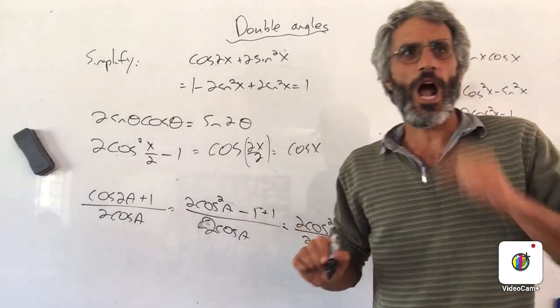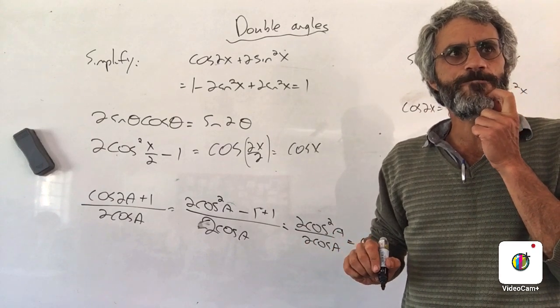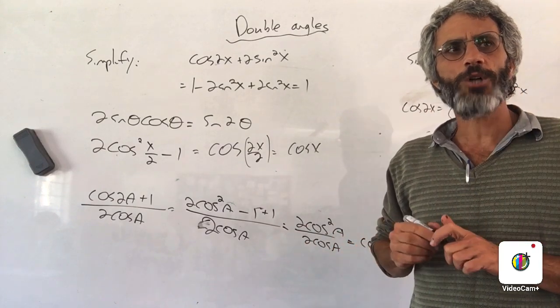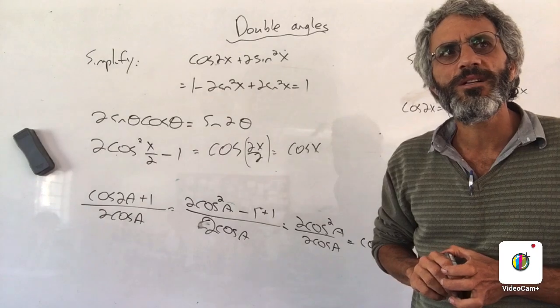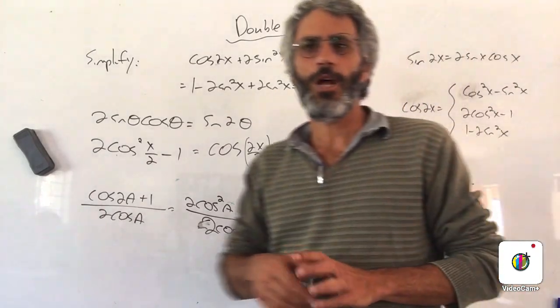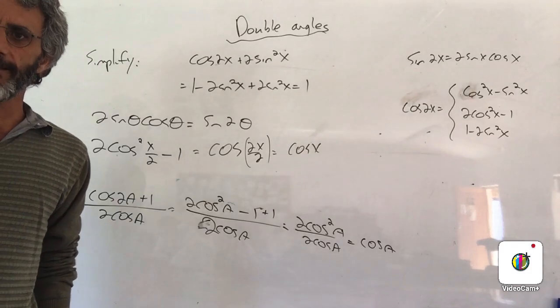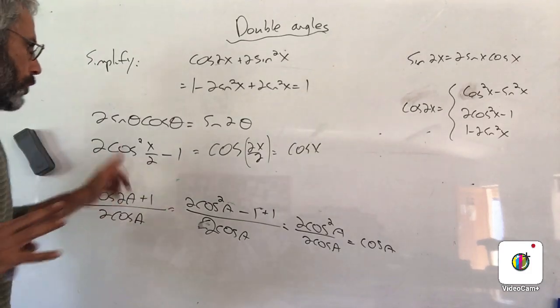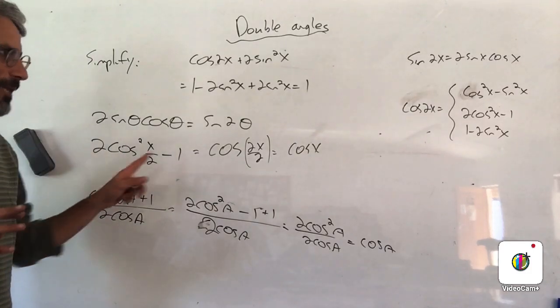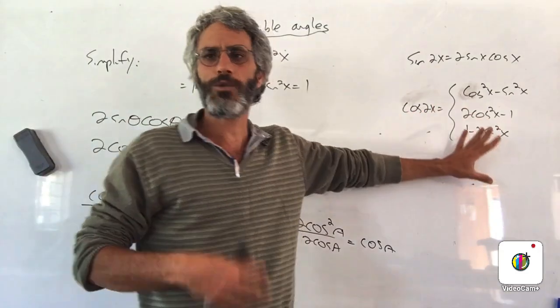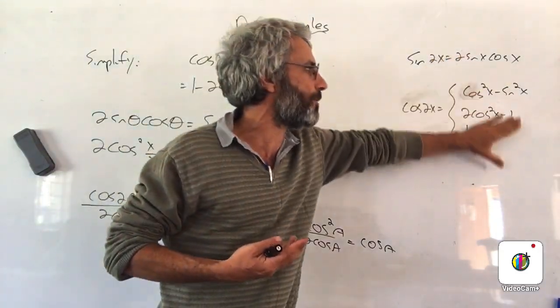How do I know that? How am I doing it so quickly? The reason why I do it so quickly is that I remember these patterns. That's why I said it's important to be able to remember them.